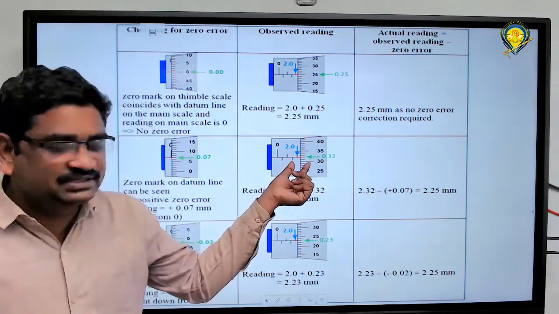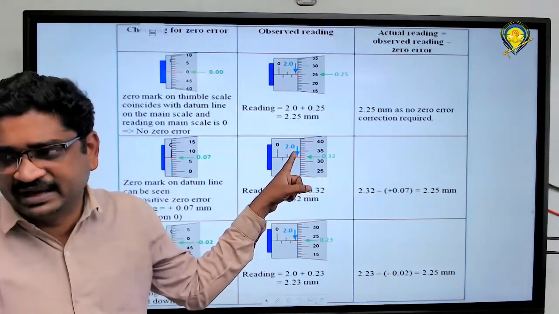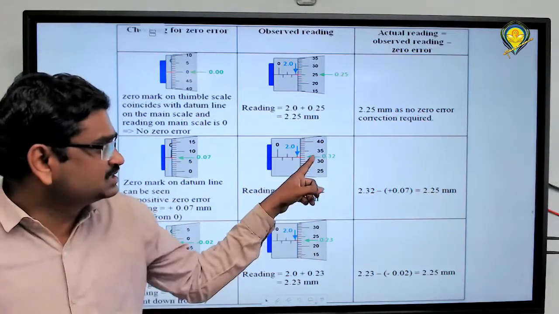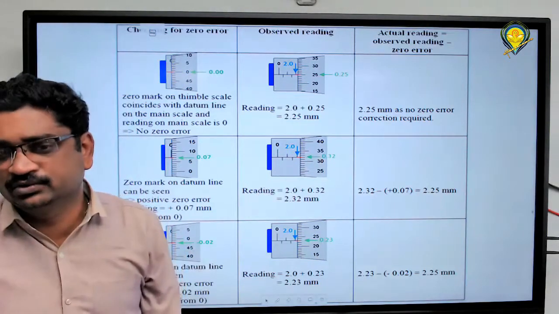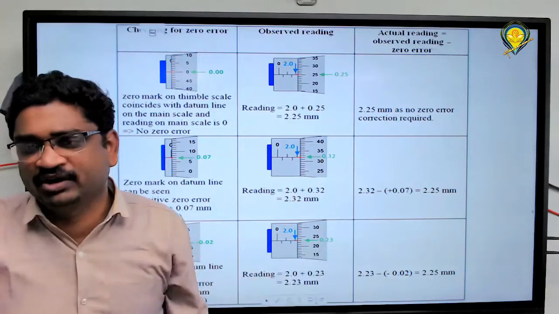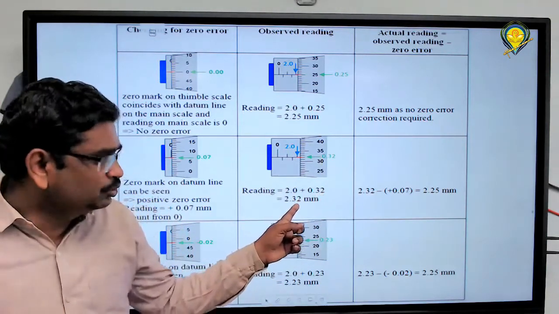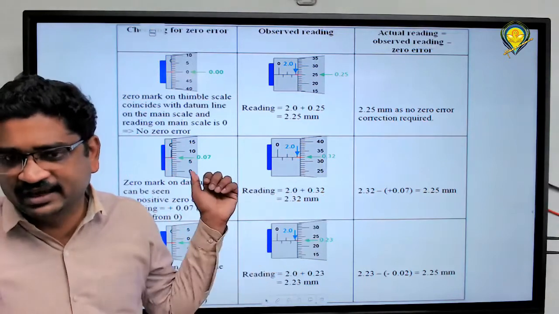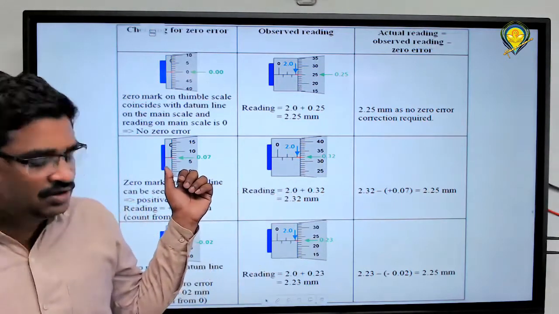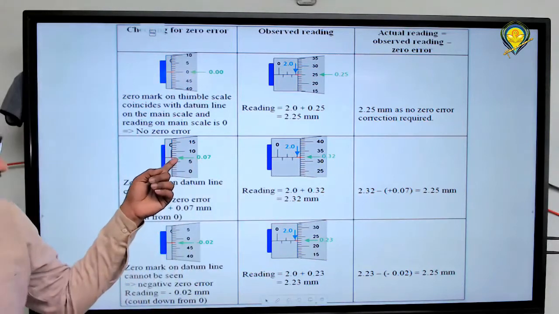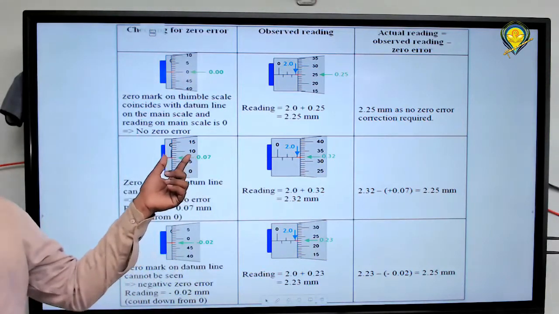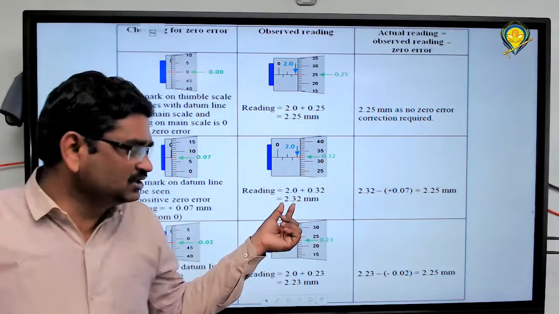Now with the object, this is the reading. 2 is the reading on the main scale. Next, circular scale reading 32. Multiply with the least count, 0.32. So 2 plus 0.32 is 2.32. And there is an error also, so we need to subtract that error. The error is 7, multiplied with the least count is 0.07.